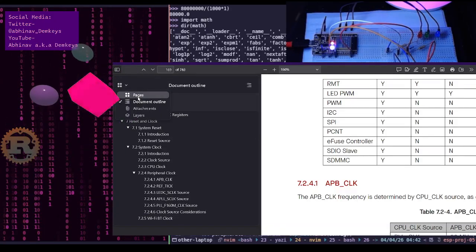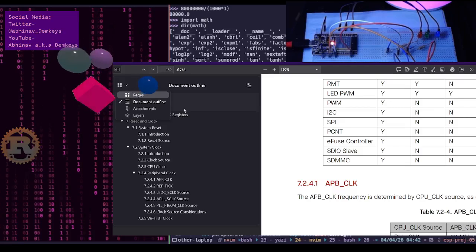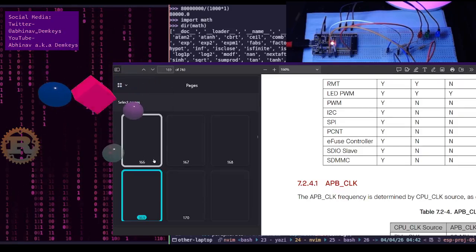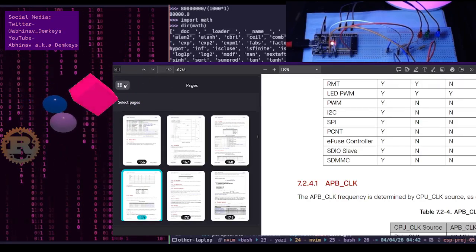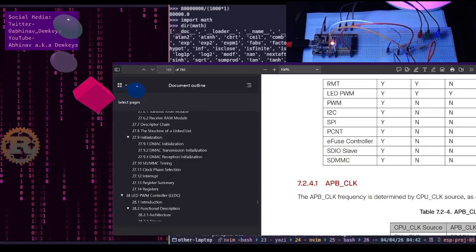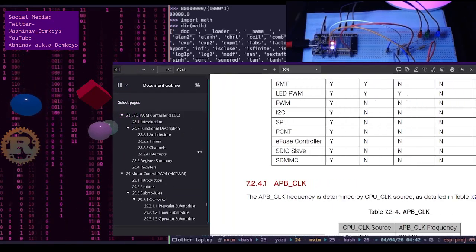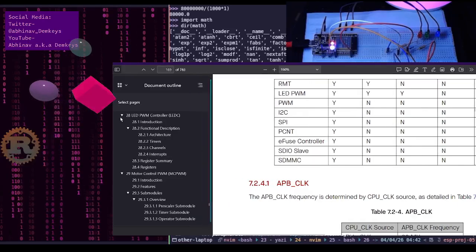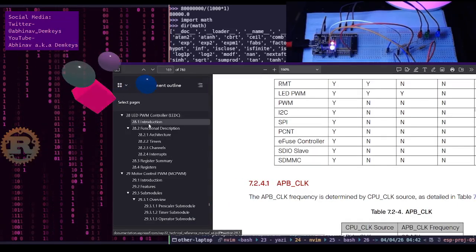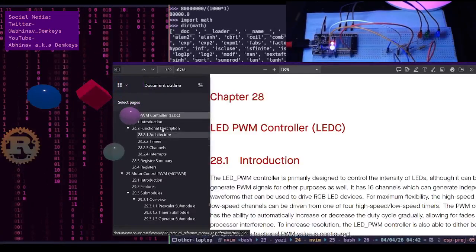Usually what I see is the pages version. Hold on, this is going to freeze for a little bit. Usually what I see is this, but what I want to see is the document outline. Okay, we are here. Hell yeah.